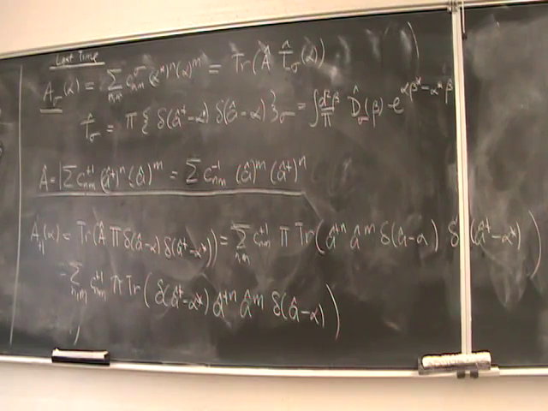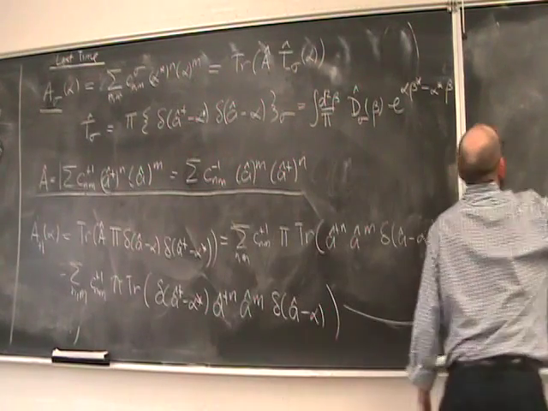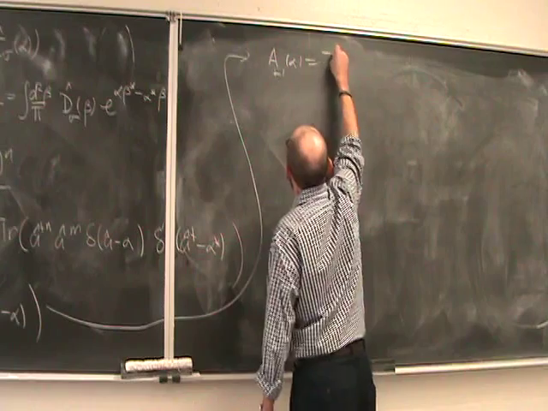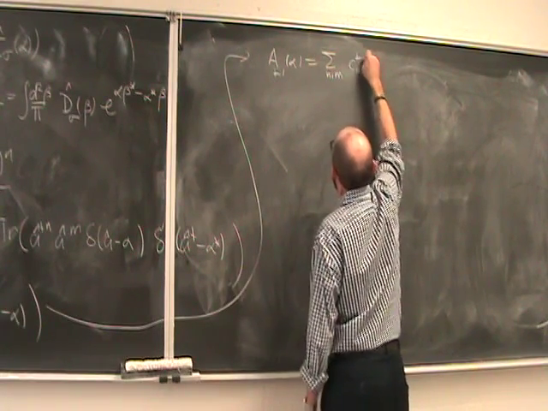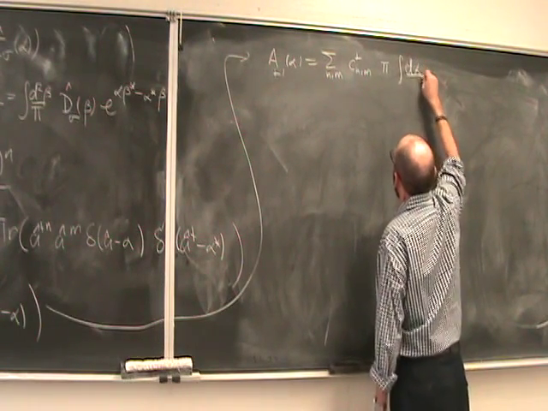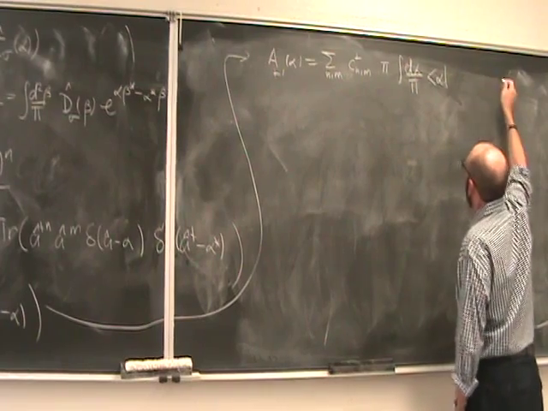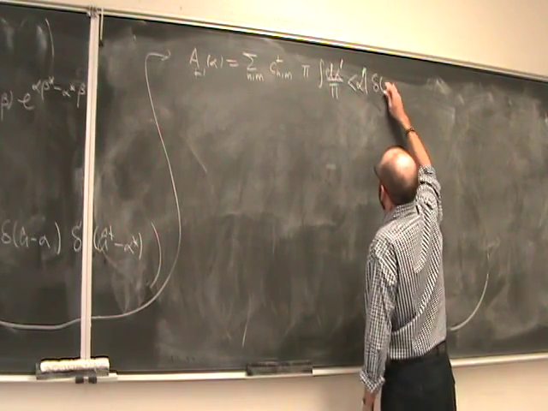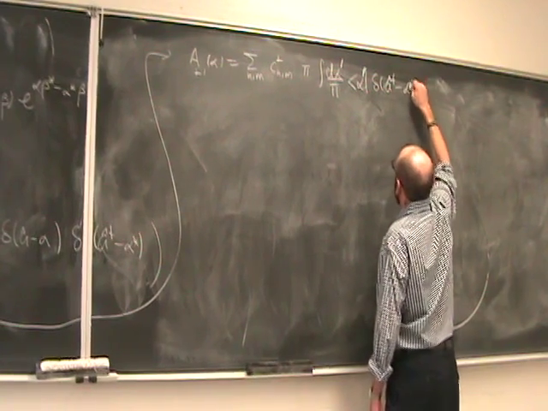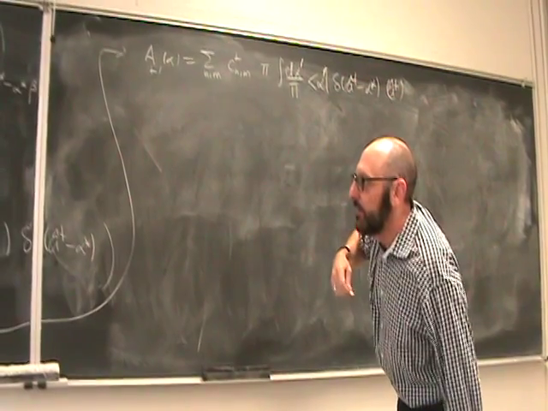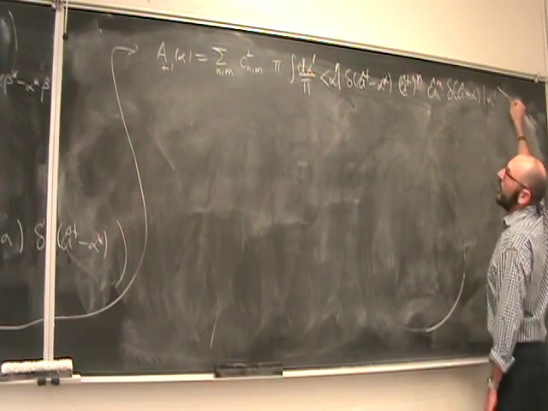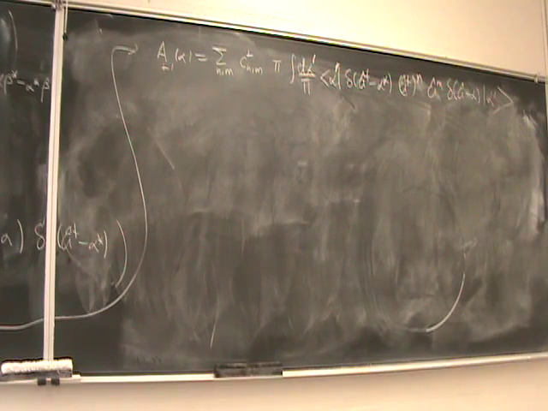Now I can do the trace easily, using the coherent state representation. So this representation for normally ordered is the sum over n and m of c_nm, plus 1 over pi, and I plug in a dummy variable alpha prime: delta of A dagger minus alpha star, A dagger to the n, A to the m, delta function of A minus alpha prime. That's the trace.